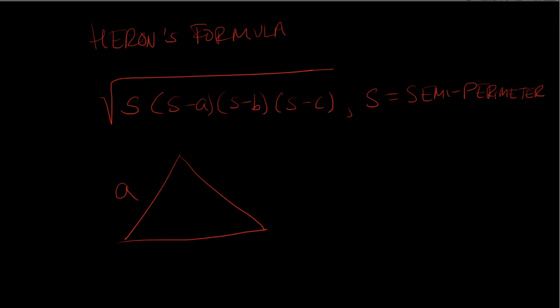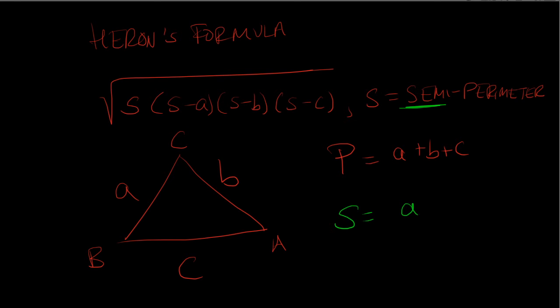Let's say I have sides A, B, and C. The perimeter would be A plus B plus C. Now the word semi means half. So we're going to be taking half of the perimeter. So that's the formula. Okay, so think of this as 4 factors. You're subtracting the side for 3 of them, and then we're just using the semi-perimeter for the 4th factor.